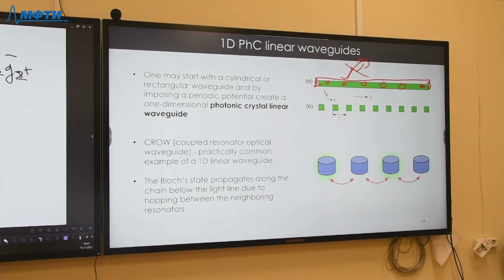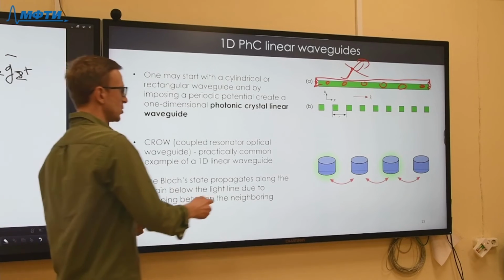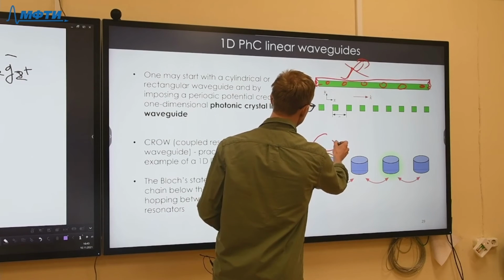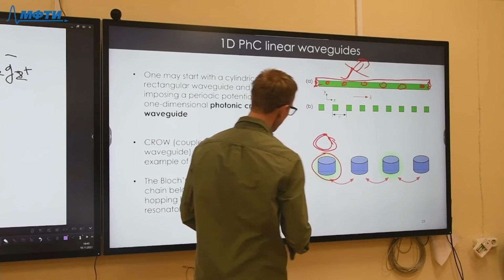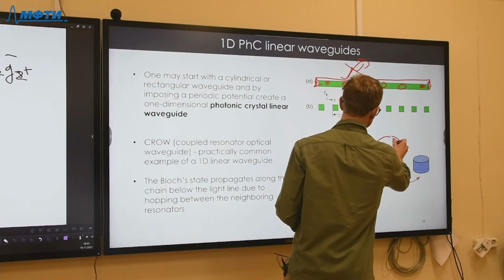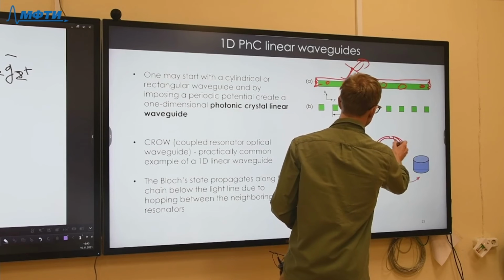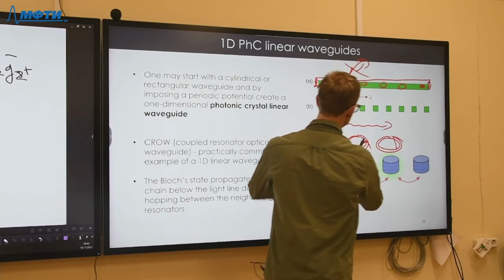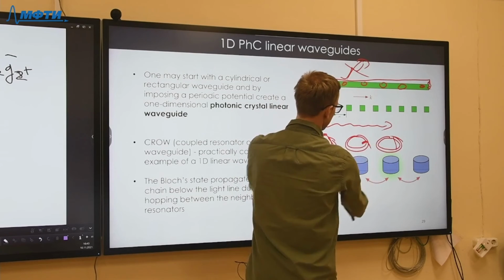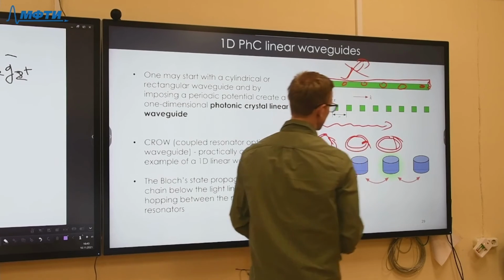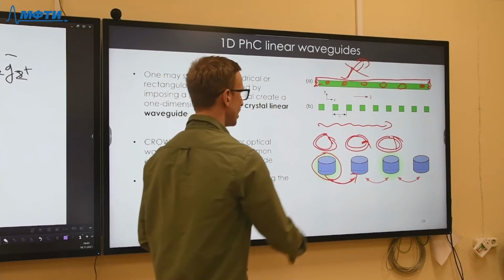So this is just a bunch of resonators, very often disks or micro rings, coupled together, placed a certain distance from each other, typically at a sub-wavelength distance. And the way it guides light through the system is that these resonators talk to each other, and light from one resonator jumps to the neighboring resonator, and so on and so forth.